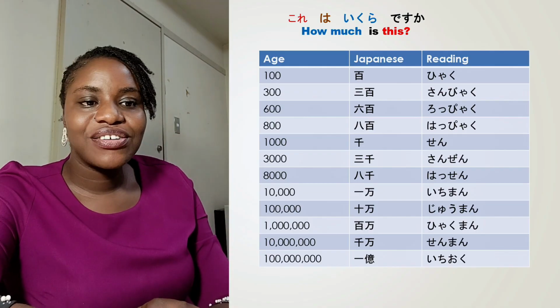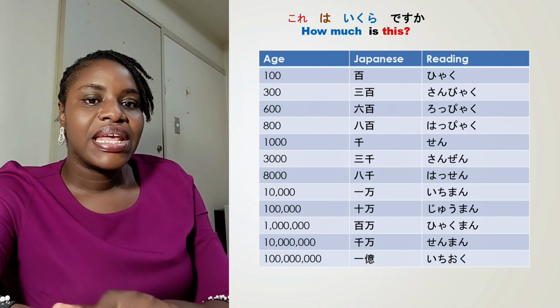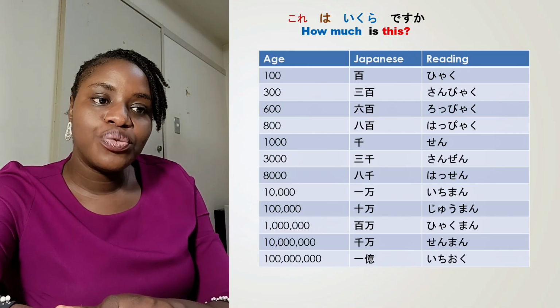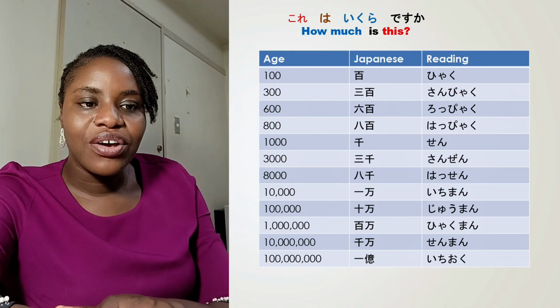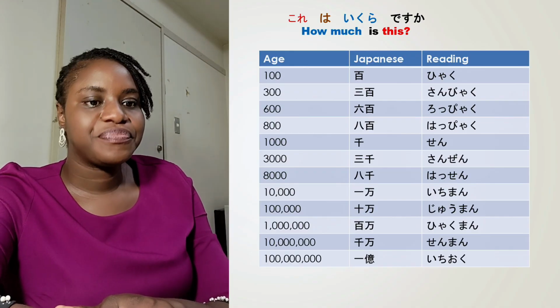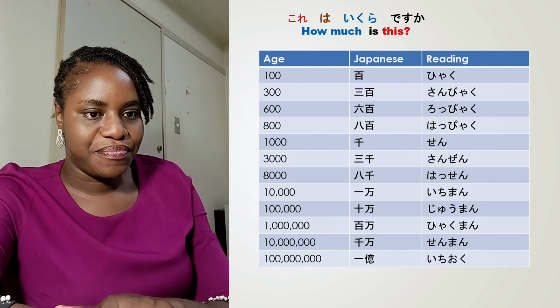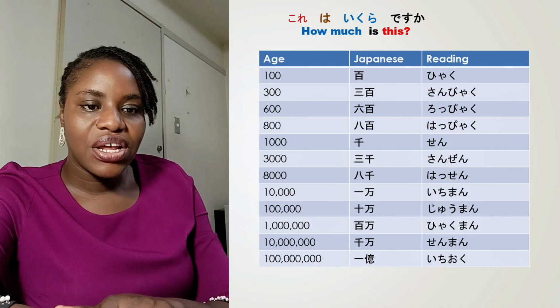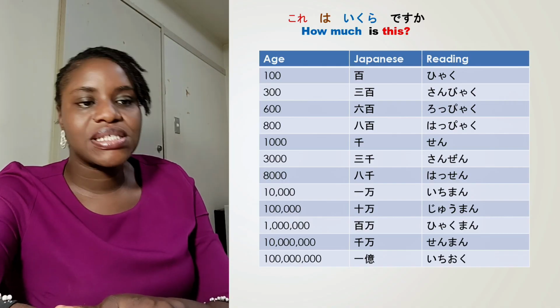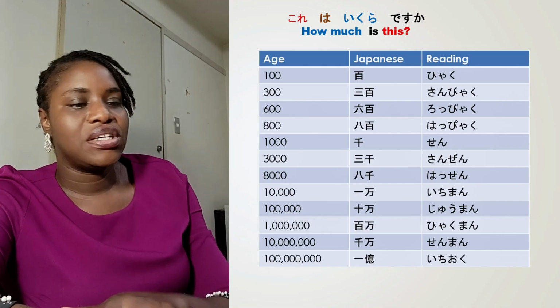Then we have 10,000, which is ichiman. 100,000 is juman. 1 million is hyakuman. Then 10 million is senman. And finally, 100 million is ichioku.